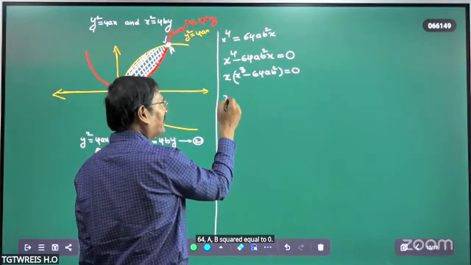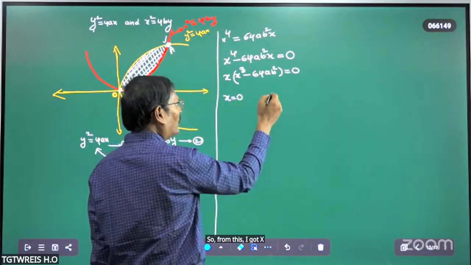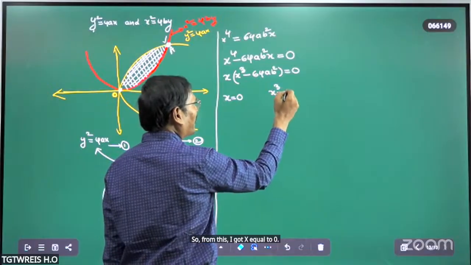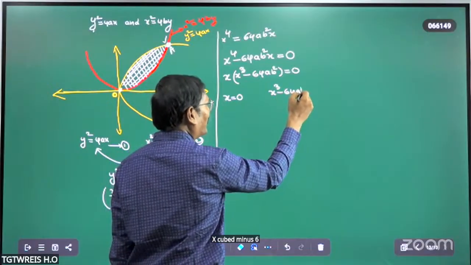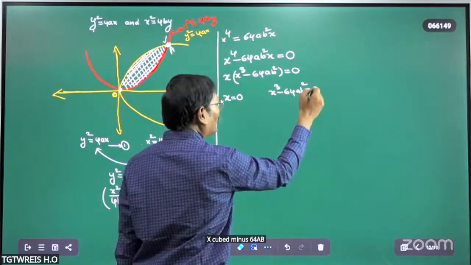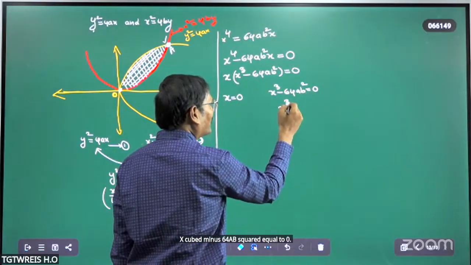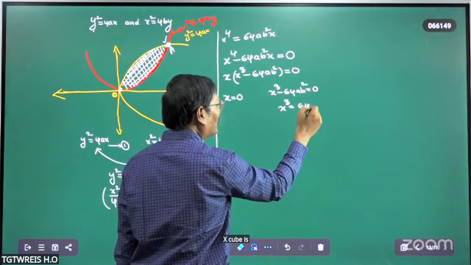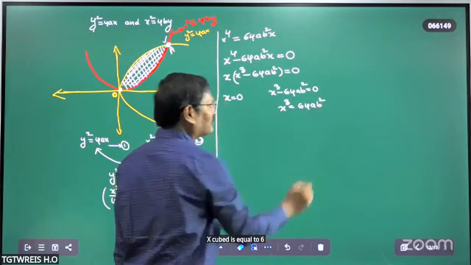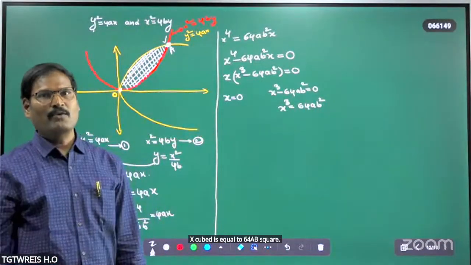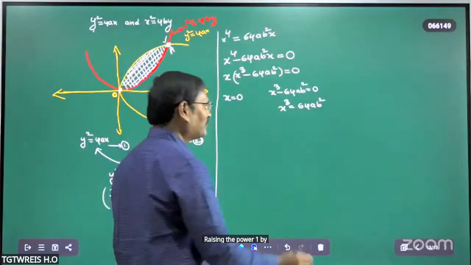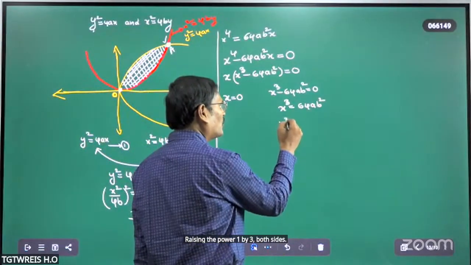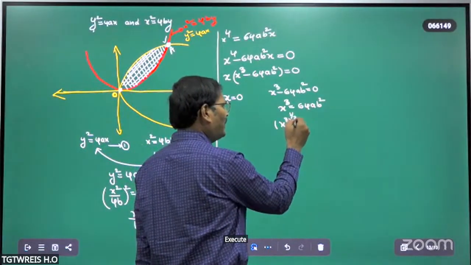So from this I got x equal to 0. x cube minus 64 ab square equal to 0. From this, x cube is equal to 64 ab square. Raising the power 1 by 3 on both sides, (x cube) whole power 1 by 3.